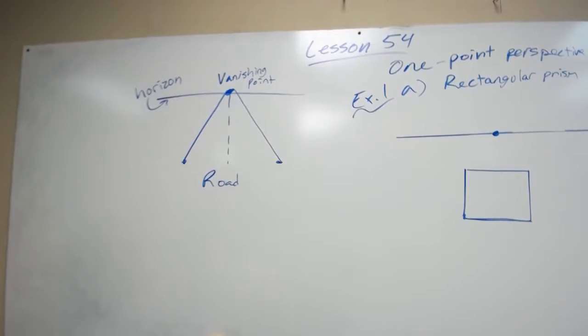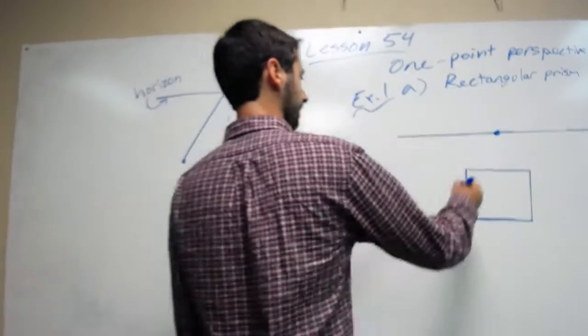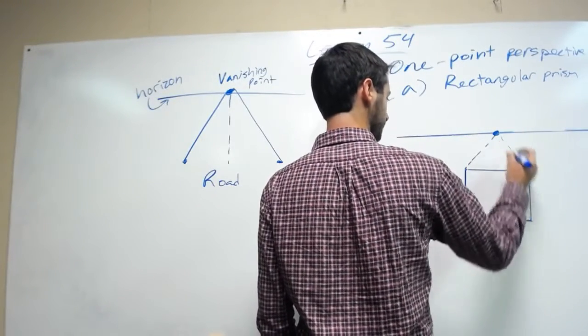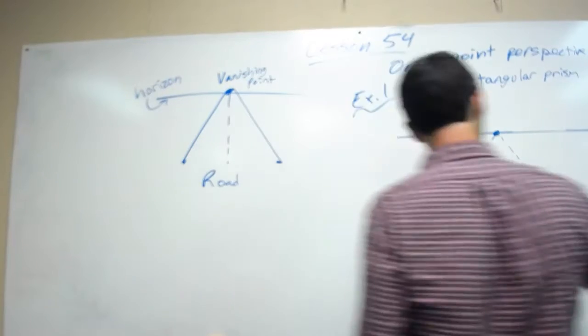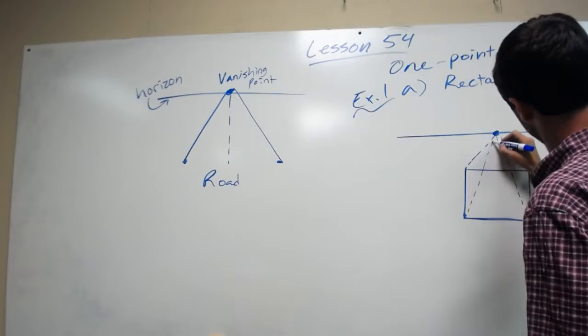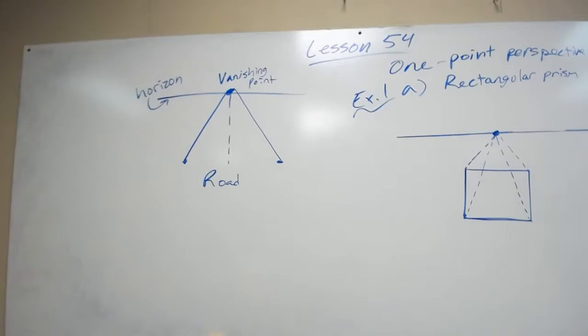Step two is I draw dotted lines from each vertex to the vanishing point. Alright, I'll try to do it as best as I can without a ruler. Alright, so that's step two. Draw dotted lines from the vertices to the vanishing point.